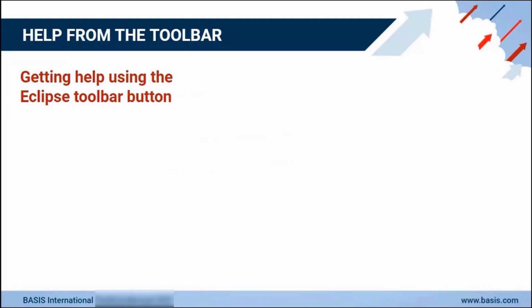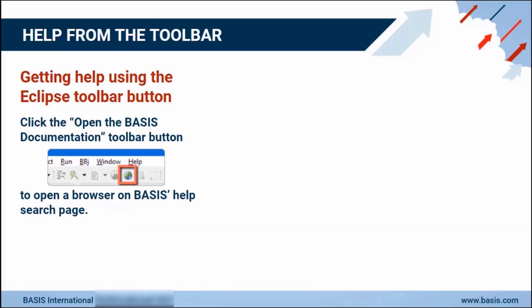Finally, let's look at getting help from the toolbar. Eclipse comes with a toolbar across the top that has a number of toolbar buttons that allow you to have shortcuts to particular functions and features, and the BBJ Keyword Help plugin is no exception. There is a button called the Open the Basis Documentation toolbar button, and you see it on the screen there. It looks like a small planet.